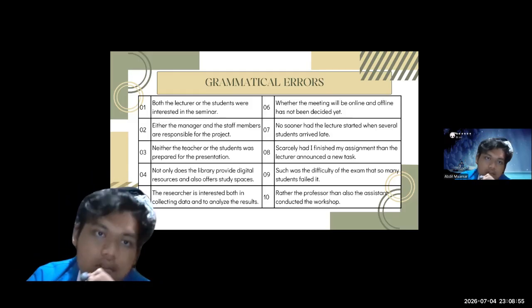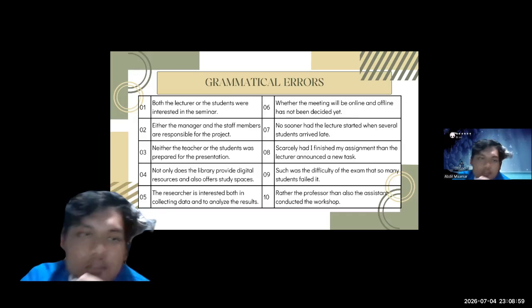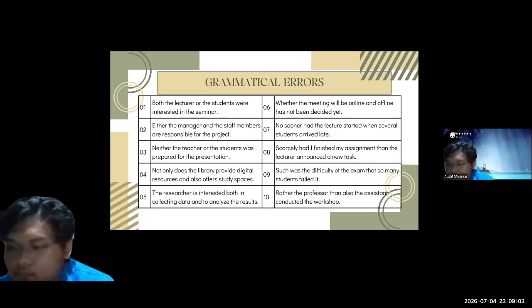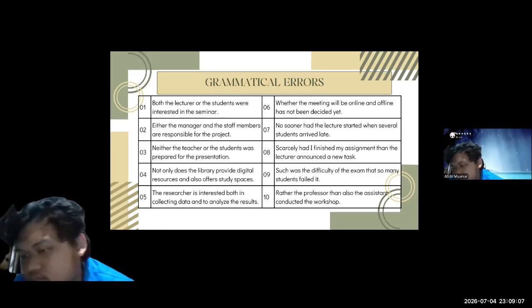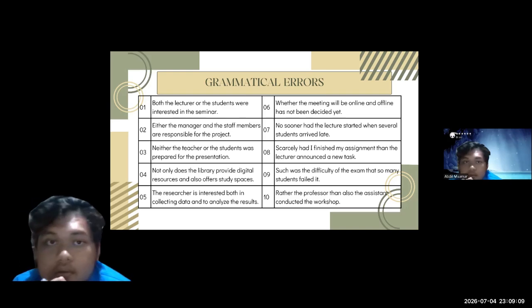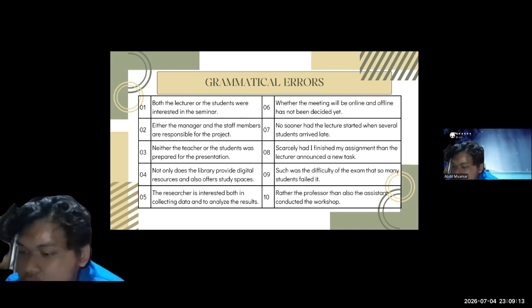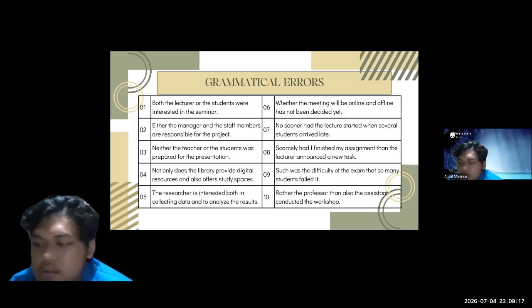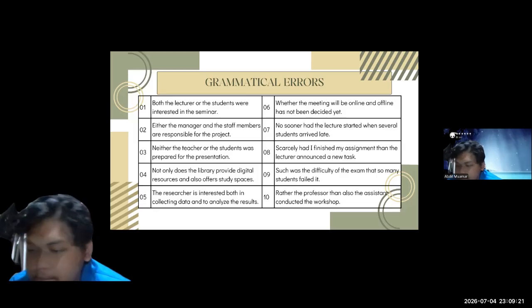First, both the lecturer or the student were interested in the seminar. So the wrong word is or. Both is wrong, so or is the wrong correlative pair with both.